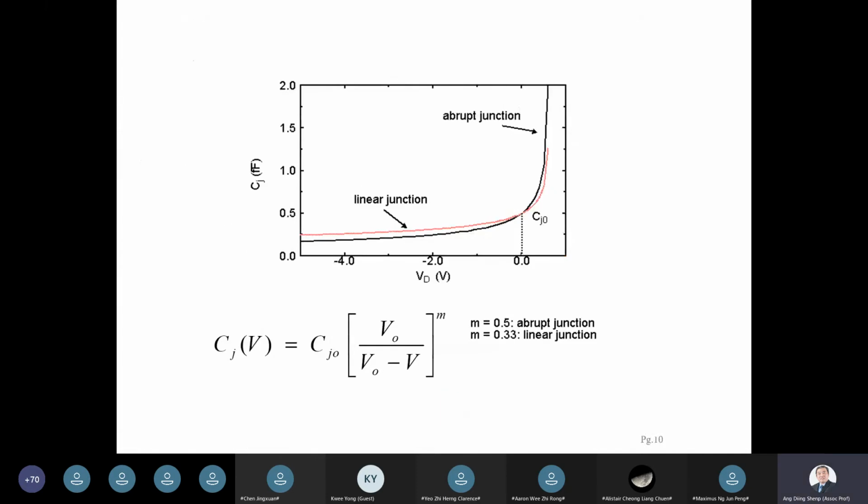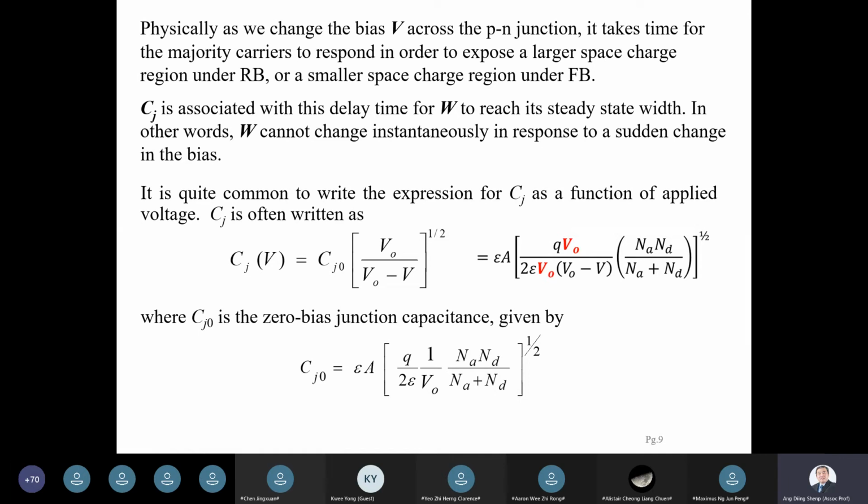At this point, just to highlight that the derivation for the junction capacitance assumes an abrupt junction. Why?